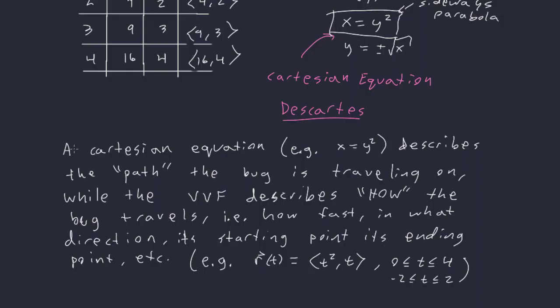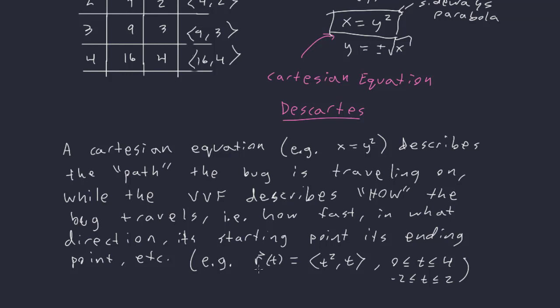So a Cartesian equation, like x equals y squared, describes the path that the bug is traveling on, while the vector-valued function describes how the bug travels. How fast is it going? What direction is it traveling in? What's its starting point? What's its ending point? Etc., etc., etc.